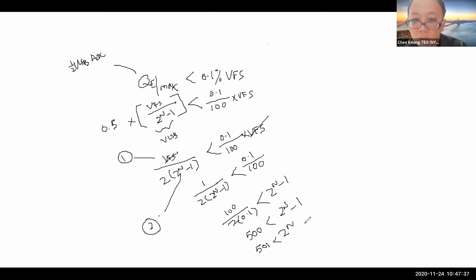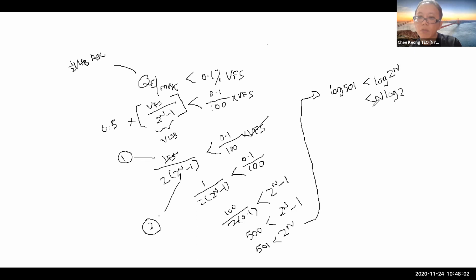Then I can take a log of both sides. Log of 501 must be less than or equal to log of 2 to the power of n. This is not 2n, it is 2 to the power of n. Therefore, it must be equal to n times log 2. So n must be equal to log 501 divided by log 2.